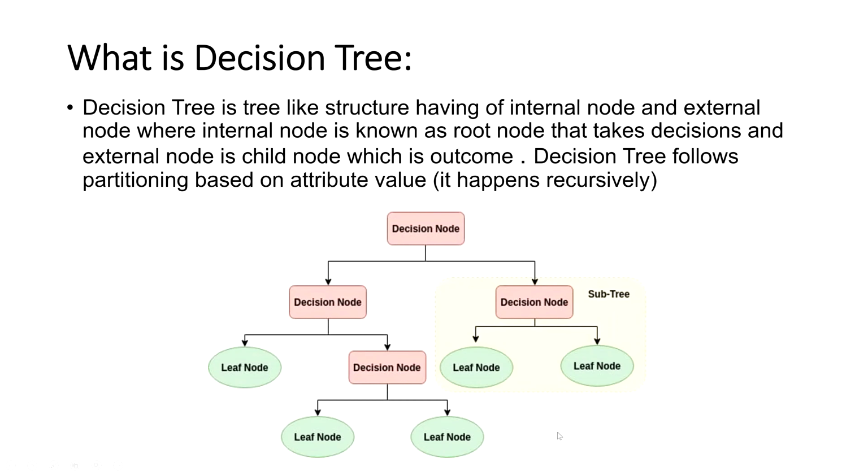Depending upon the data set, the algorithm goes on until it reaches the leaf node, and the levels may be level 3 or level 4. It all depends upon the data set, guys. So this is what actually the decision tree is.